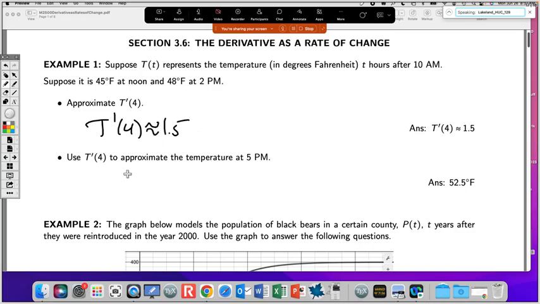Use T prime at 4 to approximate the temperature at 5 p.m. Once again, the derivative is a slope, a rate of change. So when we say T prime at 4 is roughly 1.5, that tells us about the rate of change of temperature. If I think about the units, it's the rate of change of what to what?